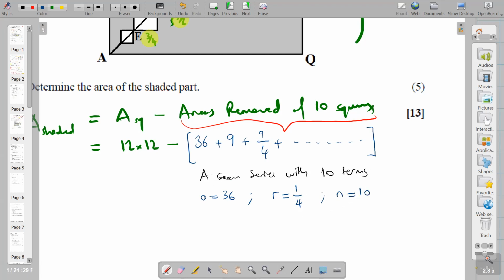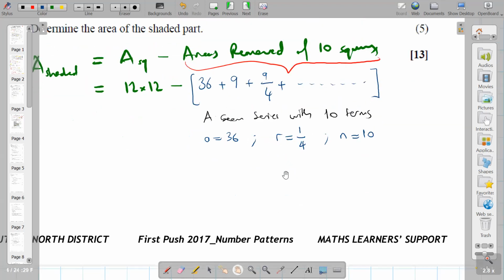That's it. So we can use the sum of geometric series formula. What was the sum of geometric series formula? A times R to the N minus 1 over R minus 1. I will use it. As long as I know what A, R, N are, I can find it. So let's finish our job.